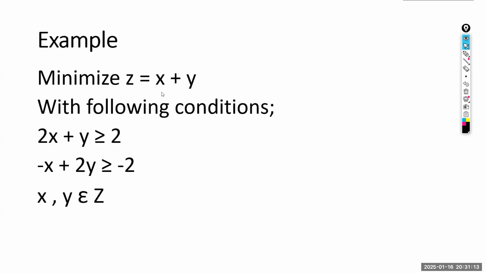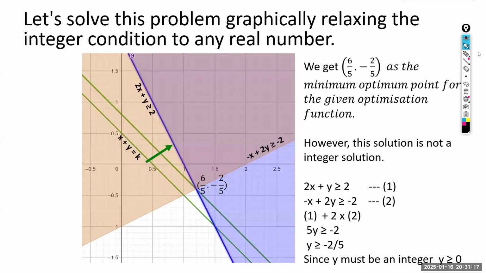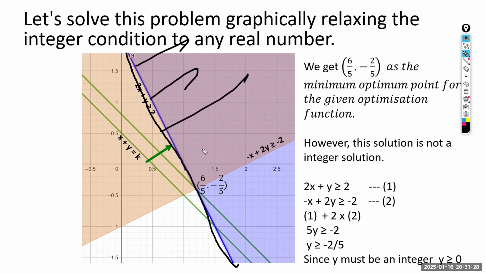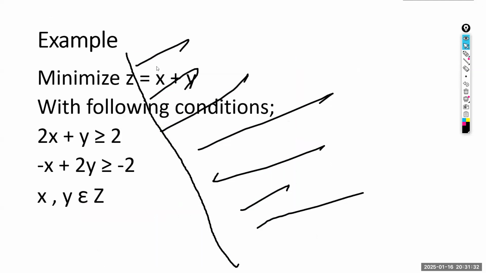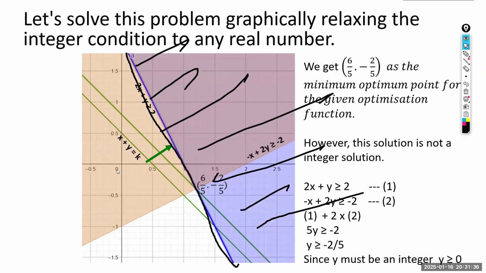So this is my first inequality. 2x plus y must be greater than or equal to 2. So this is the line 2x plus y equals 2, and it must be greater than this. And then the next one, minus x plus 2y must be greater than or equal to minus 2.